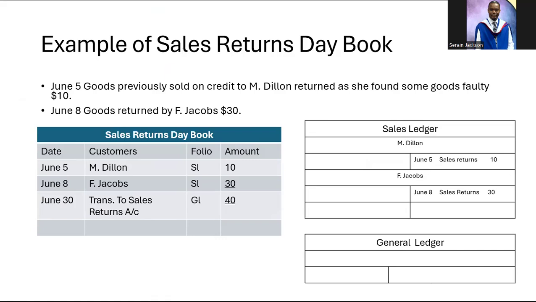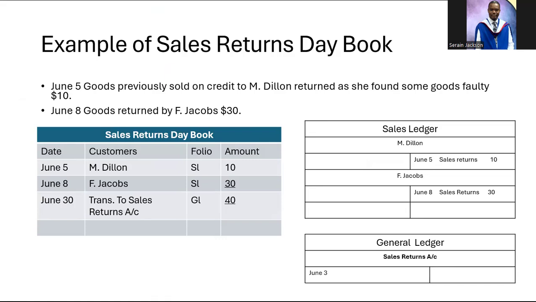In the general ledger, you're going to show your sales returns account, and sales returns account is always debited because it is always receiving, right? It is always in the sales returns that your customers send. When they send back the goods, you record it there, so it's always receiving.